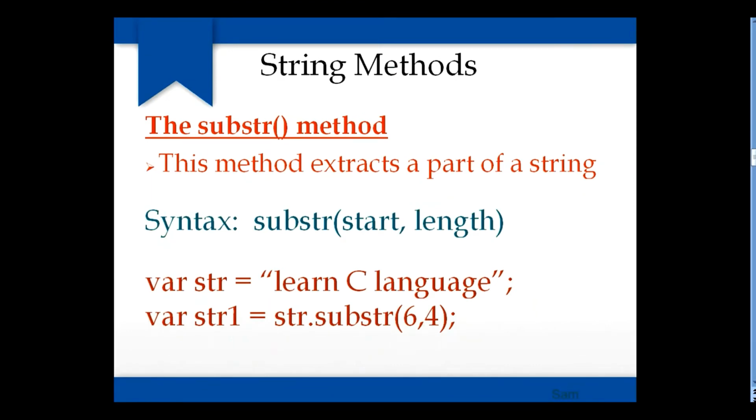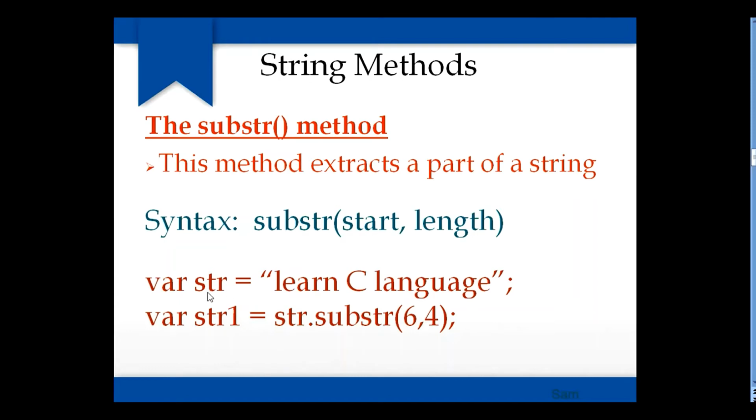The substr method is used to extract a part of a given string. Here we need to pass two arguments. The first argument is the starting position, where you want to start, and how many characters you want to extract is specified by the length.